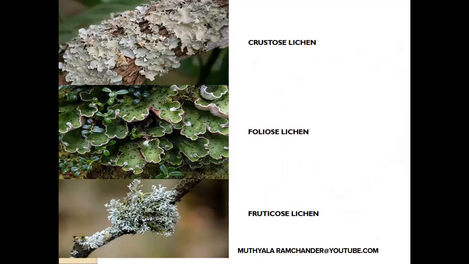First we discuss crustose. Crust means compactly arranged, and a compactly arranged structure is called crustose lichen. In this crustose structure, the algae and fungi, these two components, are in a crust-like structure, meaning compactly arranged.